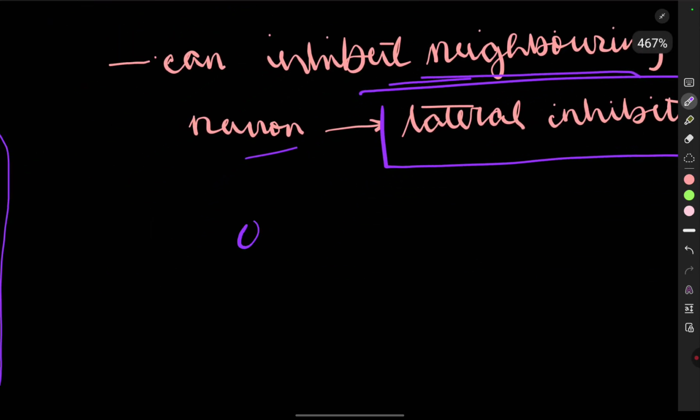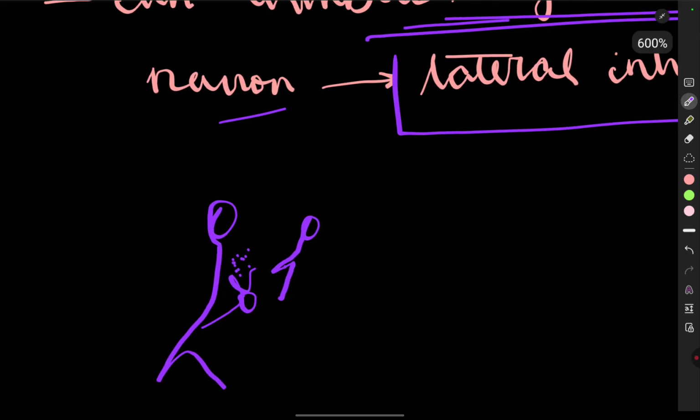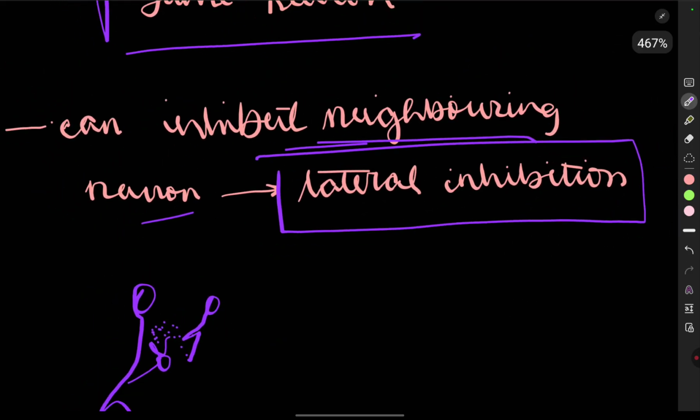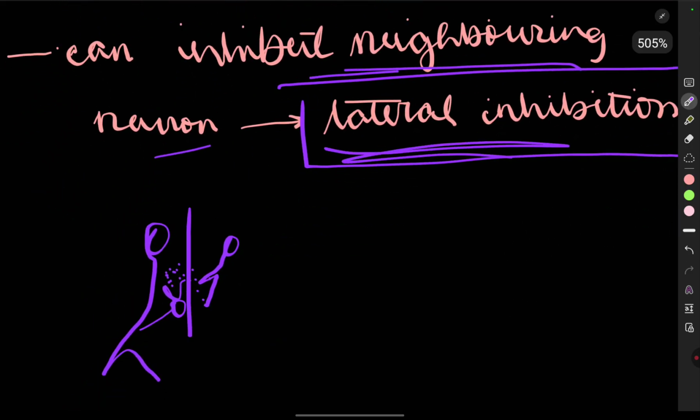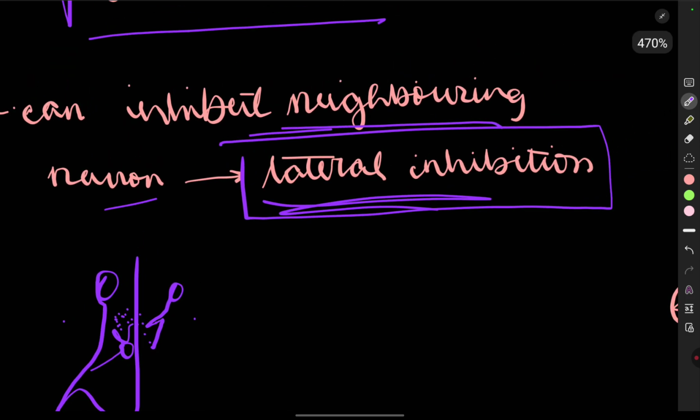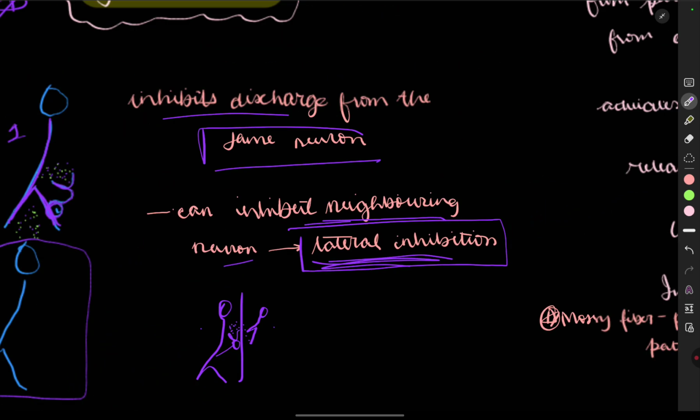Suppose this is the neuron and this is the Renshaw cell releasing the chemicals, and there is also one more neuron which is close. I'm very bad at drawing, especially diagrams. So it can also inhibit the neighboring neuron, called lateral because it is beside it. Just remember it that way. So this is called lateral inhibition.